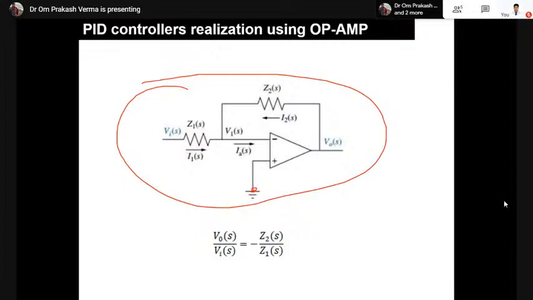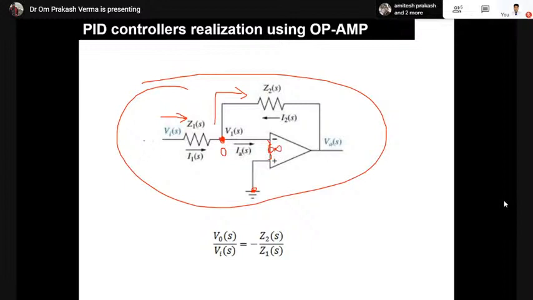The virtual ground concept is used in the op amp, so this voltage is zero, and whatever current is flowing from this side goes totally to the other side, because the resistance on this side is very high, that is, infinite.